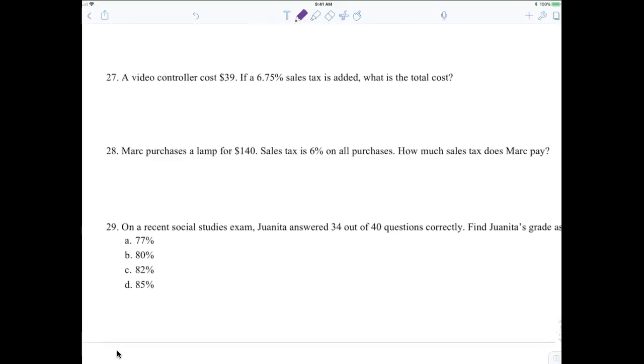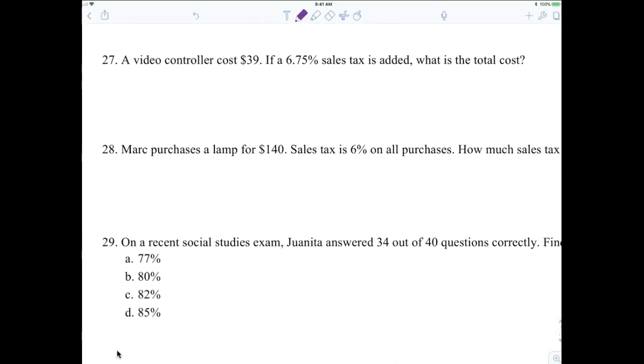All right, let's take a look at 27. Now, a video controller costs $39. There's also a 6.75% sales tax. Yeah, watch. So, who pays the sales tax? Does the business or does the person buying?